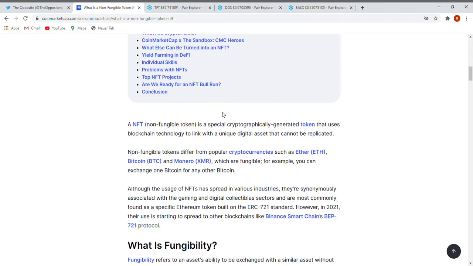Non-fungible tokens differ from popular cryptocurrencies such as Ether, Bitcoin, and Monero, which are fungible. For example, you can exchange one Bitcoin for any other Bitcoin.